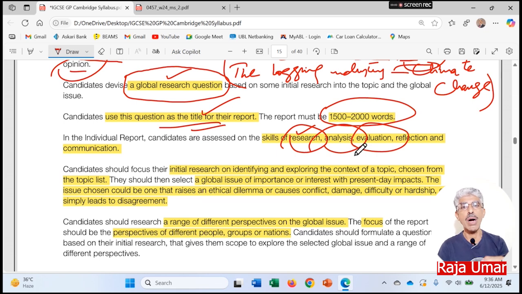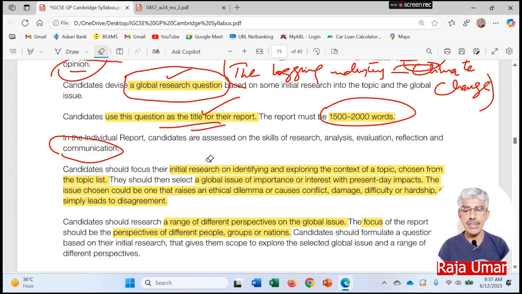How do you come to the conclusion that what actually had happened and what should be done in the next phase? And then the communication, that how do you get this whole of the research and how do you communicate to get the research done. So these are the four things on which you are assessed.